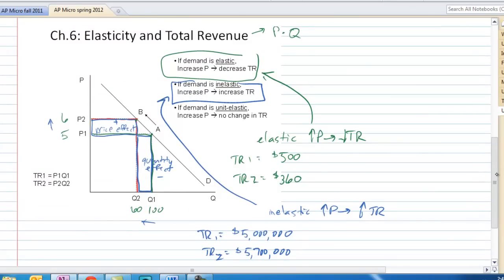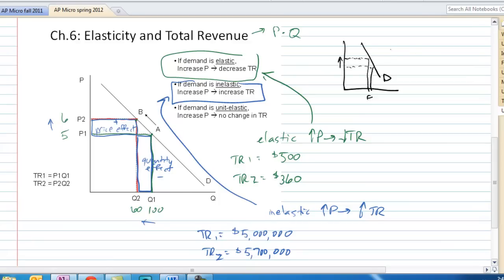One more visual way of seeing this that I think is helpful. A very steep demand curve can be used to illustrate pretty inelastic demand. Think of it this way. Here's a very small change in quantity as a result of a larger change in price.